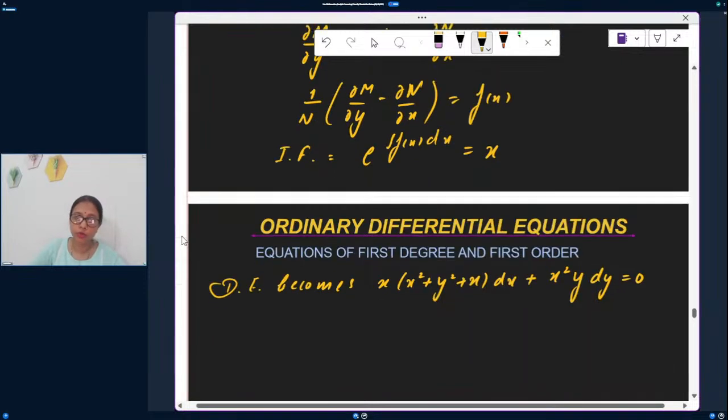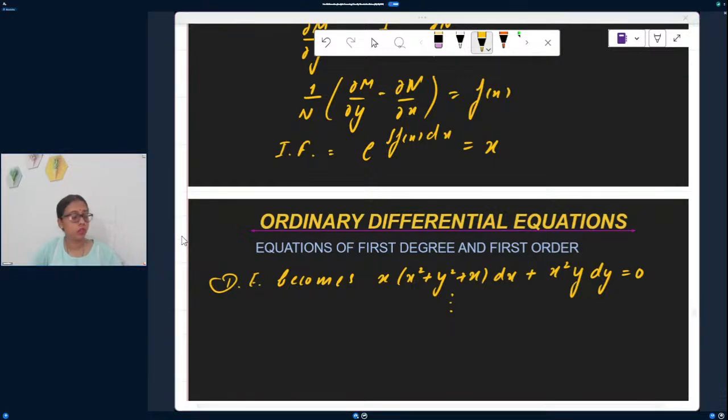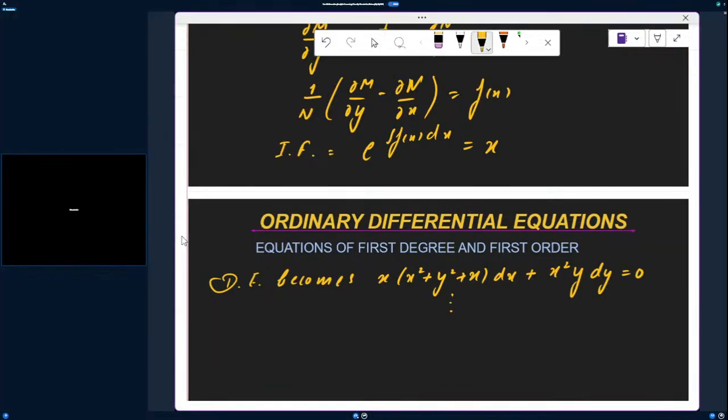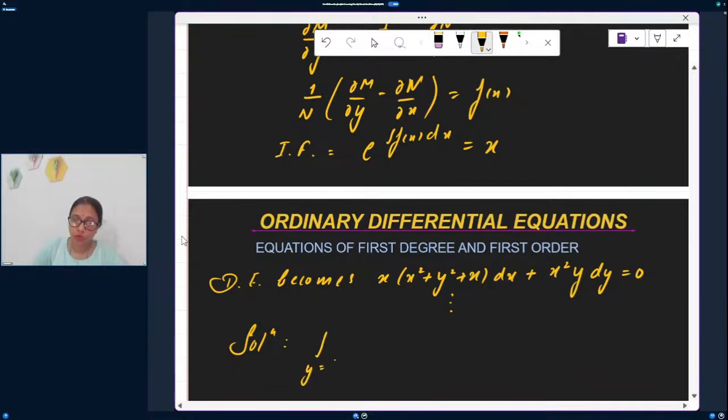Right? Solve it, it will come out to be, so this is a differential equation and the solution will come out to be the integral of (x cube plus x y square plus x square) dx plus 0 dy.